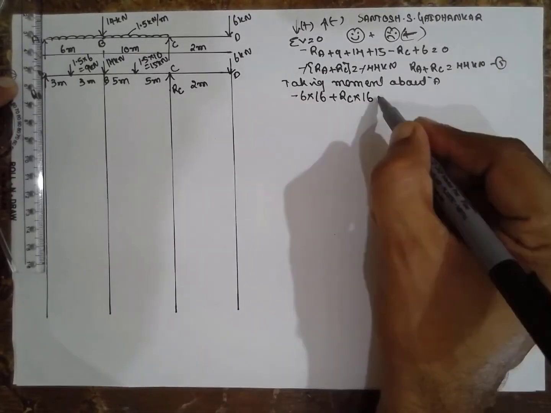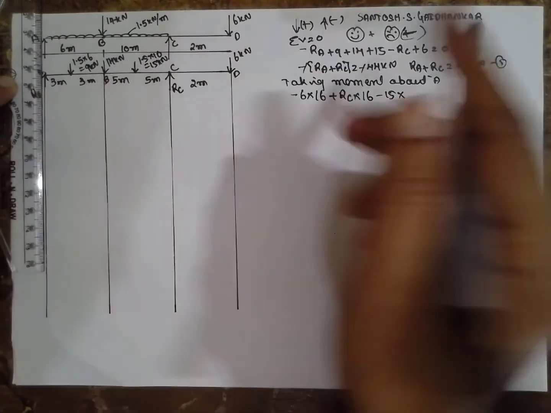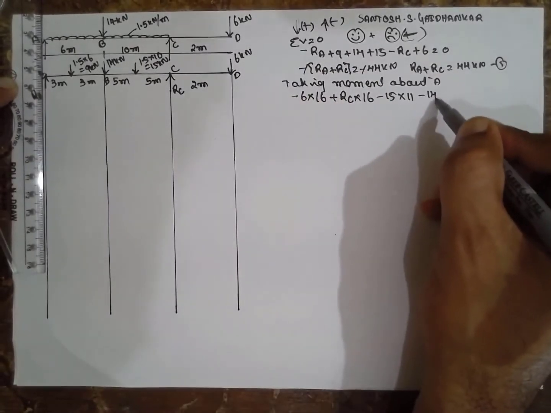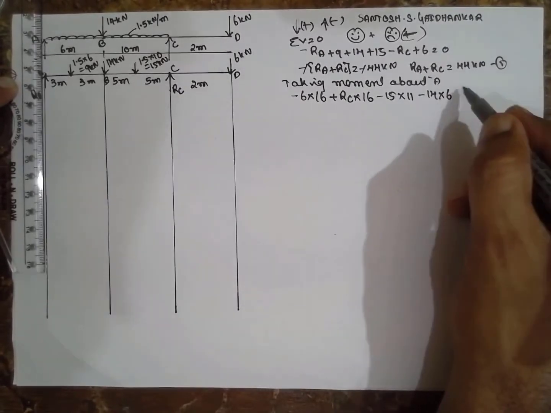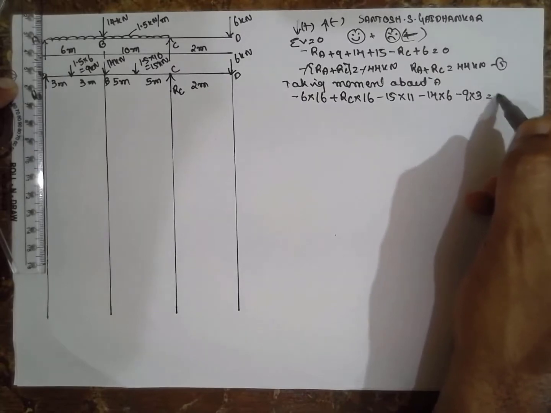Next, minus 15 into distance, this distance is 6 plus 5, 11. Next, minus 14 into 6. Next, minus 9 into 3 is equal to 0.